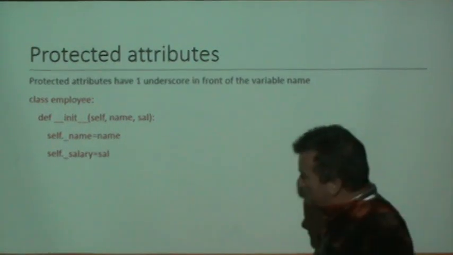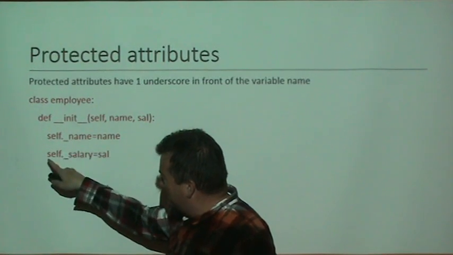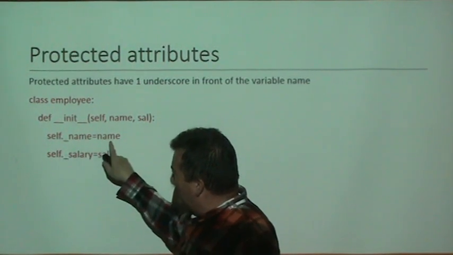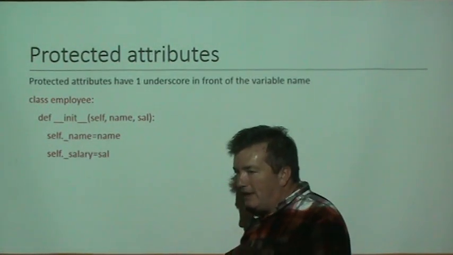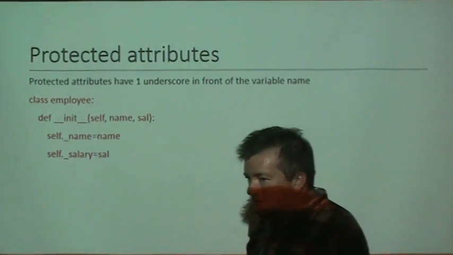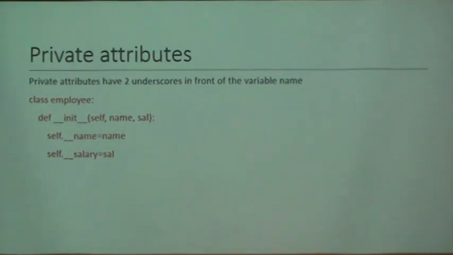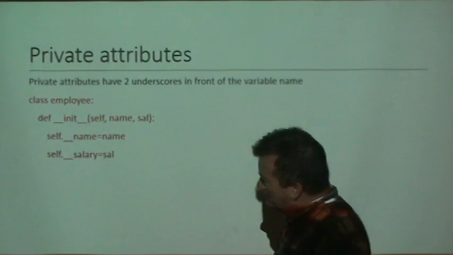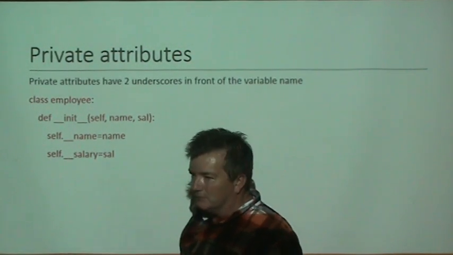Protected attributes are defined when you put one underscore in front of them. And so now I can write to these fields, but if somebody outside of this class tried to write directly to those fields, they'd be protected and you wouldn't be able to change them. And private attributes, so this is really more syntax, would have 2 underscores in front of the variables.